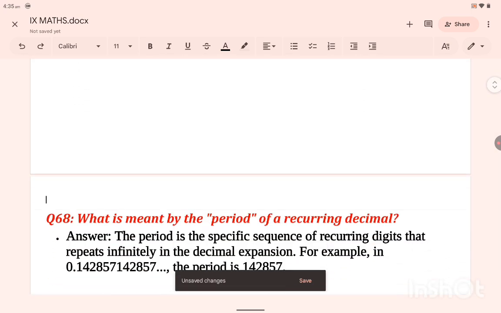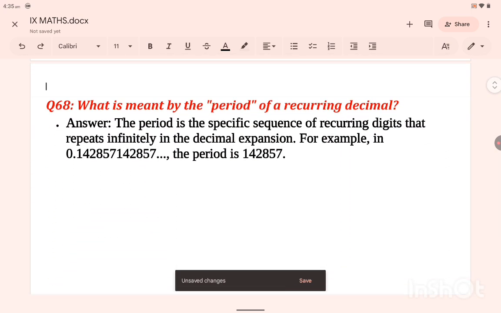Now, question number 68. What is meant by the period of a recurring decimal? Period means the digits which are present in the recurring part or recurring block.